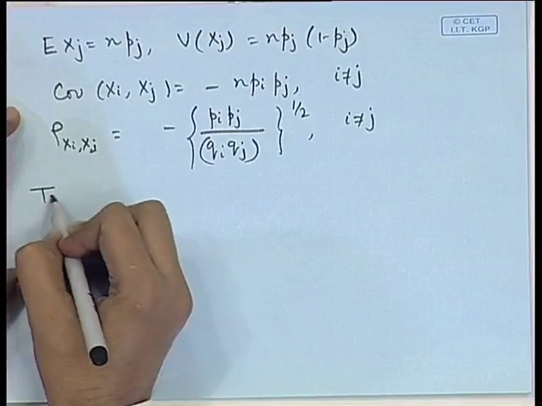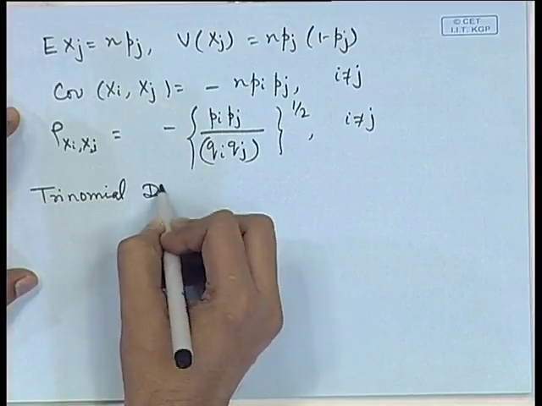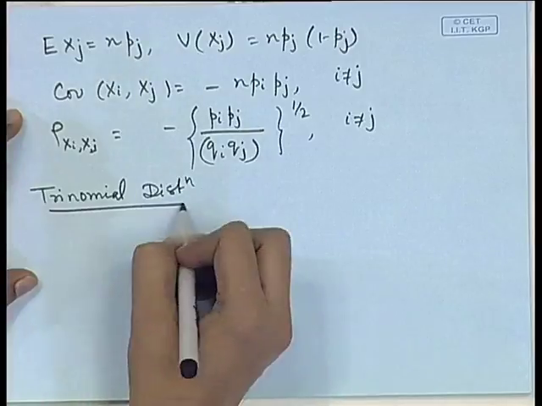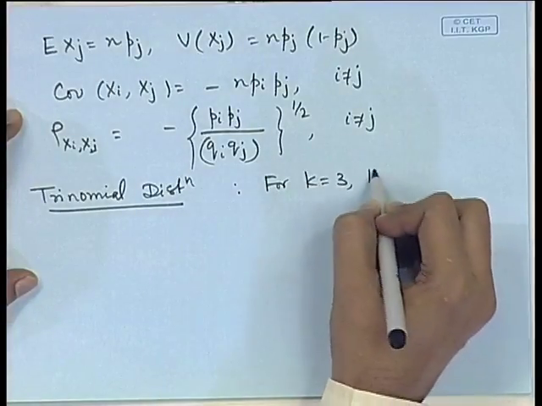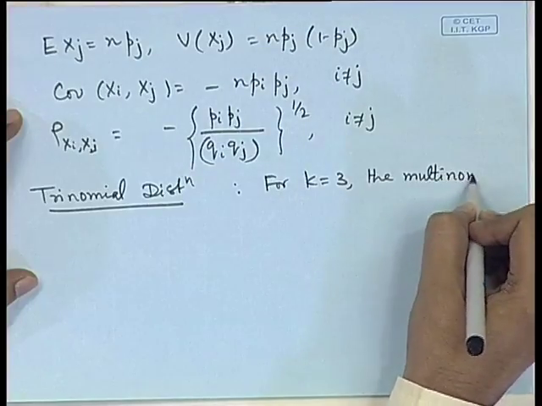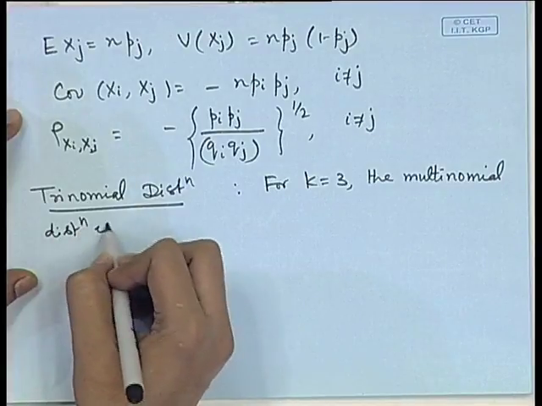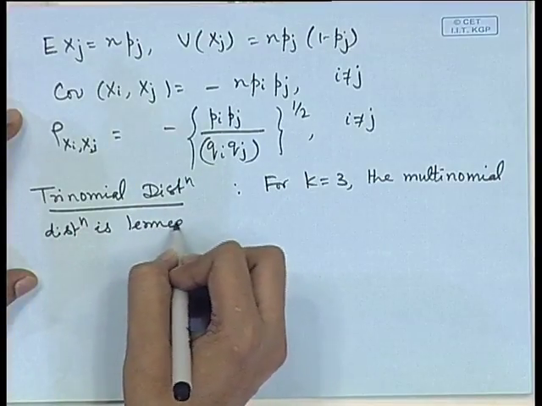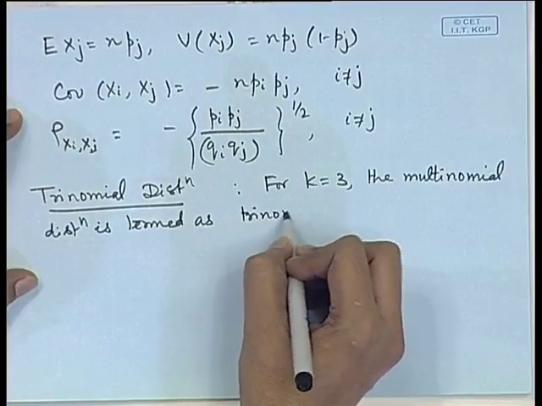So, for k equal to 3, the multinomial distribution is termed the trinomial distribution.